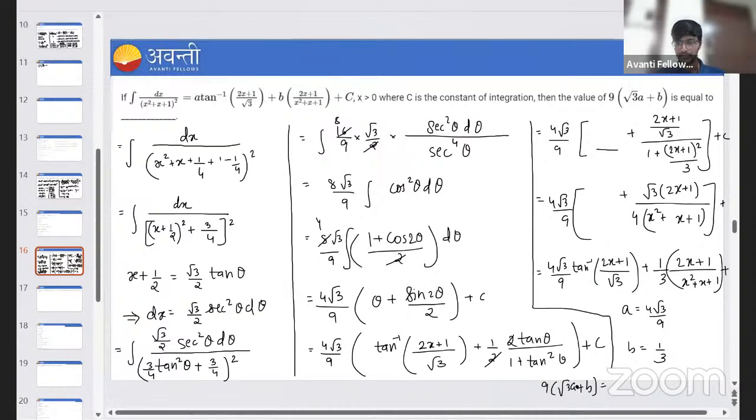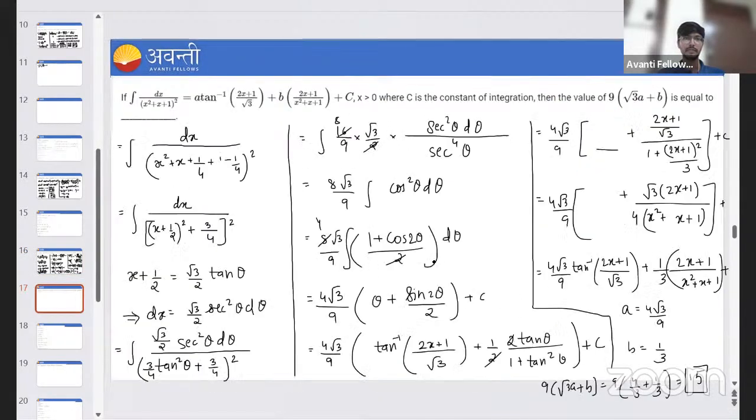Yeah. 9 times root 3a plus b. So root 3a. So 4 3s are 4 by 3 bachega. 9 into 4 by 3 plus 1 by 3. So that means 5 by 3, 15 is my answer. Got it?